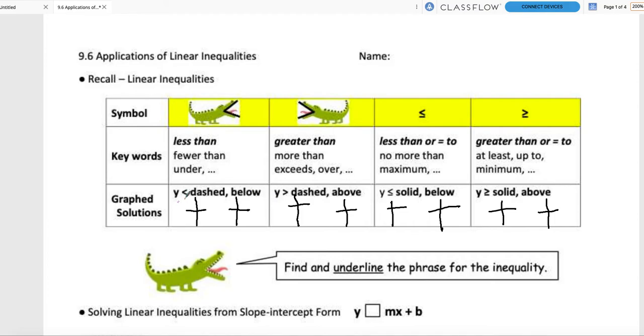All right, we are going to have a dashed line and we're going to shade below. So we could have a dashed line that was positive. The slope is increasing. And this way is above, this way is below. So I'm going to draw an arrow down there so you can clearly see where below is. And when I shade this, I want to shade it very carefully so that I can see underneath it.